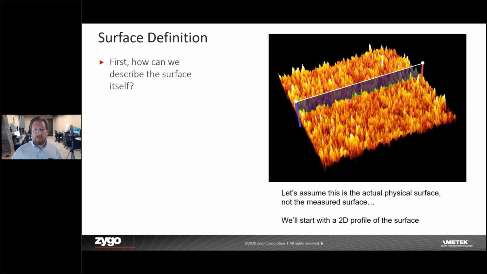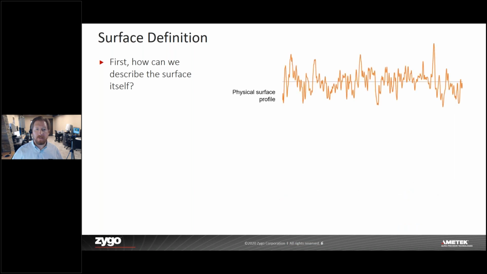So let's talk through some concepts here. If we start with just a 2D profile of the surface to investigate this first concept, we see this surface is a little bit irregular, and we'd like to bring some order to the surface to be able to describe it.